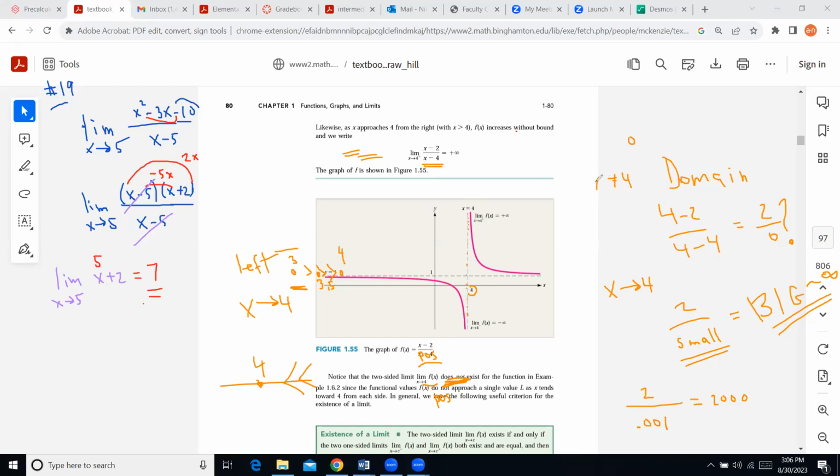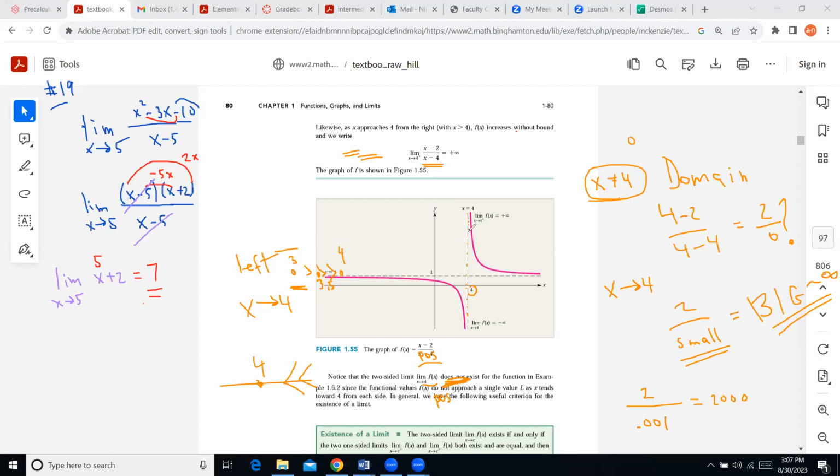So whenever we have a number out of the domain, usually we have an asymptote. And that's what those left and right limits justify. Of course, we're not going to do it every single time. We're just going to say, oh, 0 in the denominator, that's it, vertical asymptote. But that's actually the reasoning why that's the vertical asymptote here.